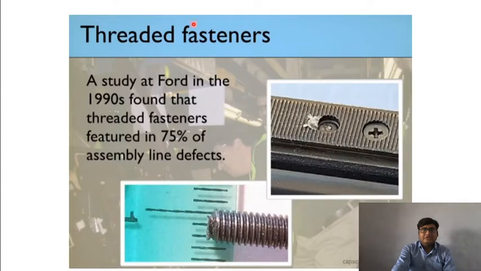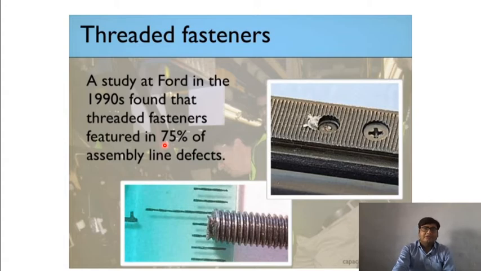One is to reduce threaded fasteners if possible, because one study shows that threaded fasteners are the reason for 75% of assembly line defects. So on assembly lines, 75% of the defects are due to threaded fasteners.